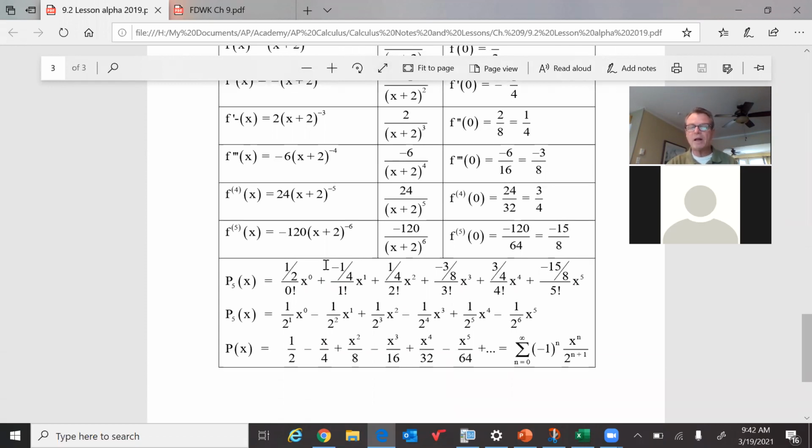The 1/2, -1/4, 1/4 over 0 factorial, 1 factorial, 2 factorial times x to the 0, x to the first, x to the second. So you clean it up a little bit, and you would end up with 1/2, take away x over 4 plus x squared over 8. If you only got that far, that's fine.